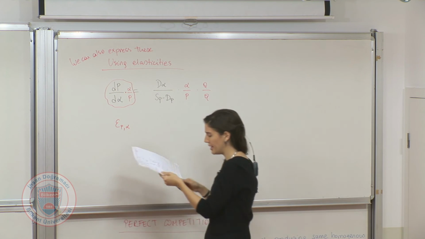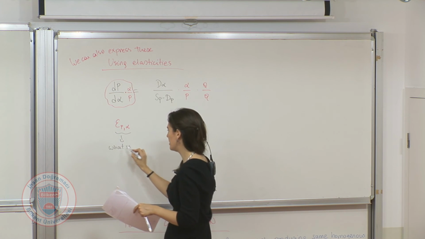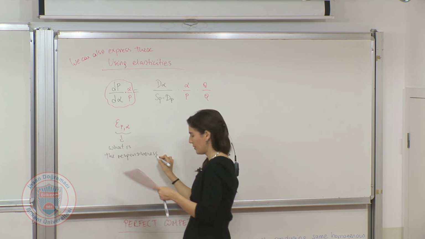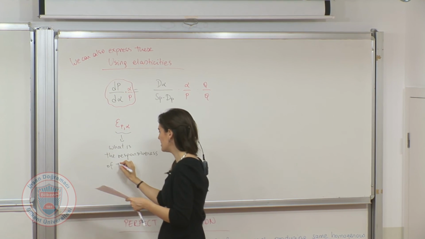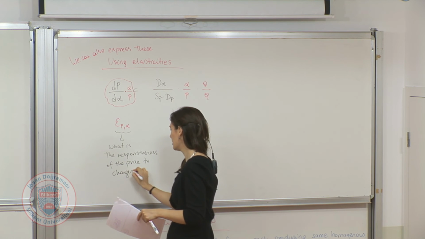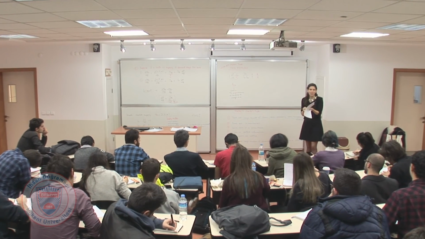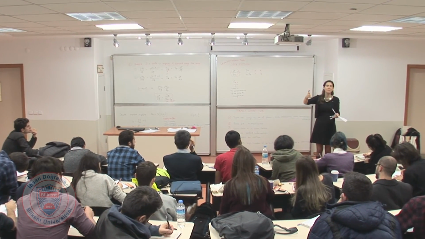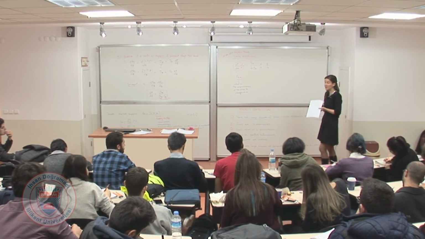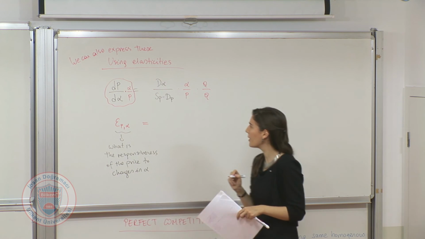So this is the responsiveness of the price to changes in alpha, okay? Elasticity is a concept; it doesn't have to be income elasticity or price elasticity all the time. It can have different interpretations at other times as well, okay?